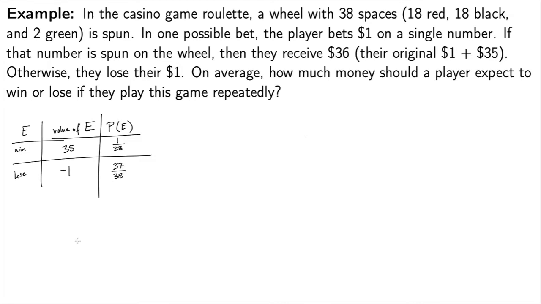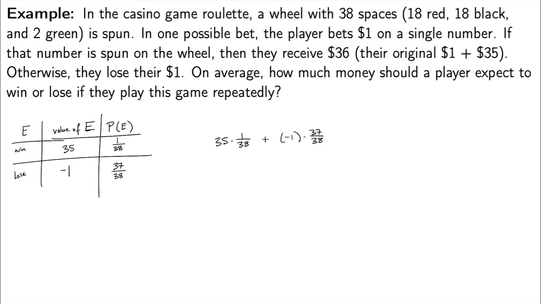So you start by creating a table that shows you the outcomes, the value of the outcomes, and then the probability of these outcomes. And then what we do is we multiply the value by the probability. So we're going to do 35 times 1 out of 38, and then we add the next one, -1 times 37 out of 38.